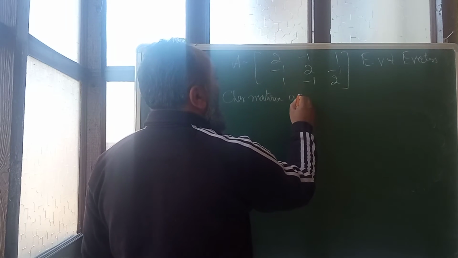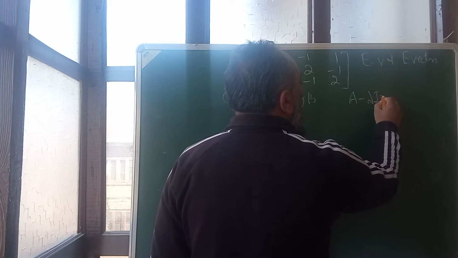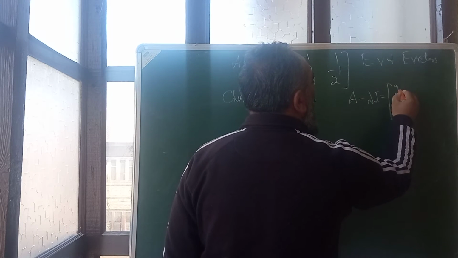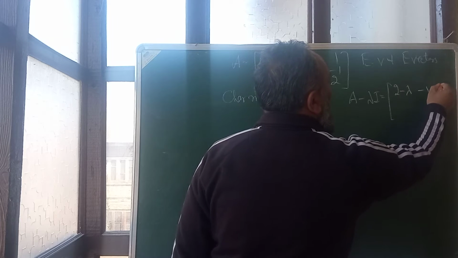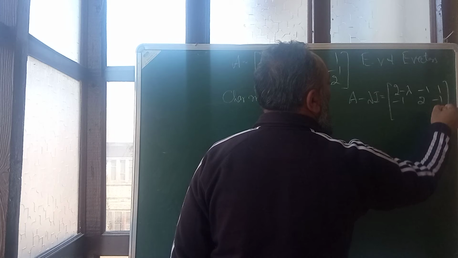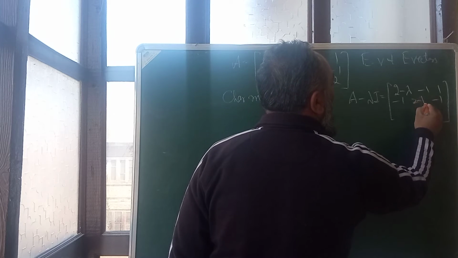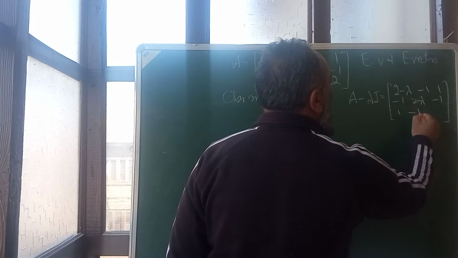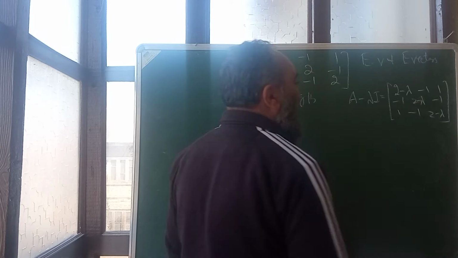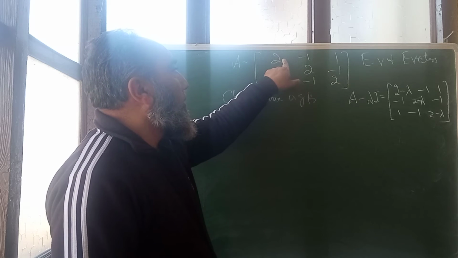is given by A minus lambda I. What is that? [2-lambda -1 1; -1 2-lambda -1; 1 -1 2-lambda]. The characteristic matrix of A is given by the matrix.